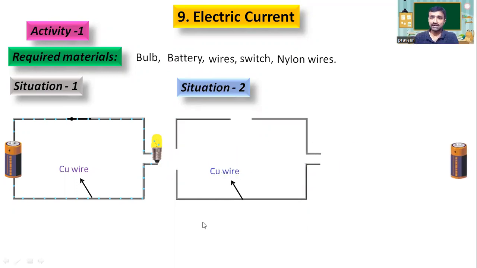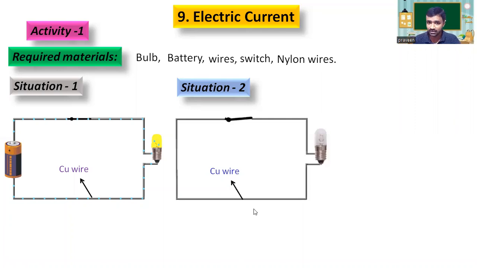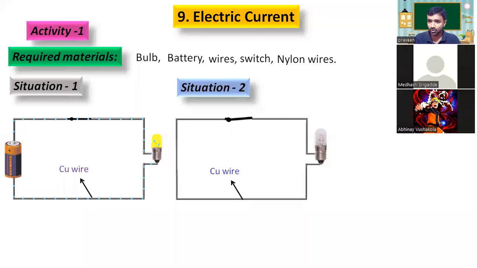I removed the battery, and that gap I fill with a wire. So only two gaps are required for connecting the switch and the bulb. The two are connected, switch on. Then what happened? Is the bulb glowing?